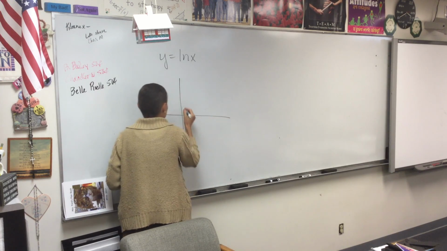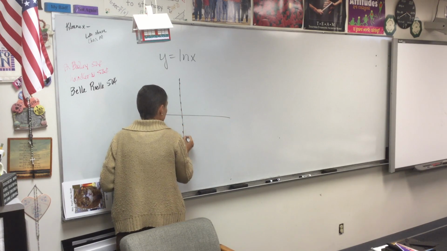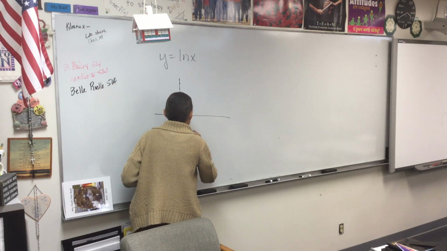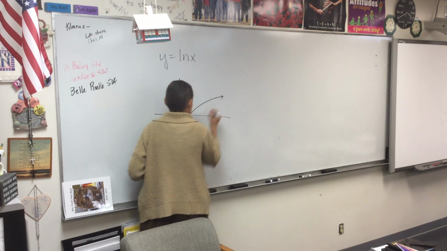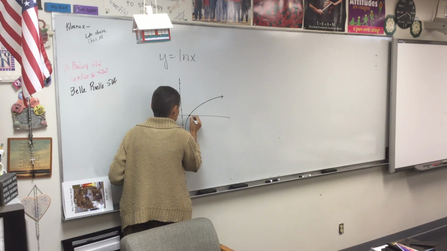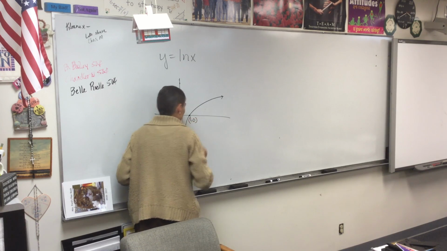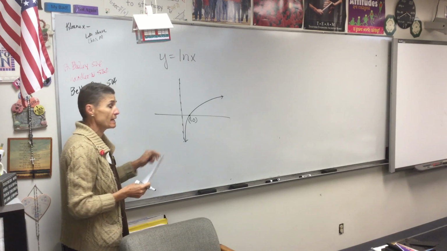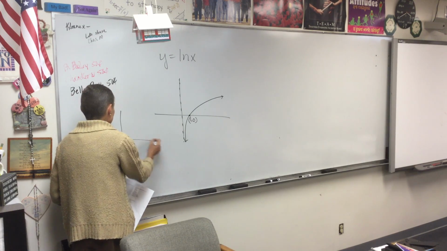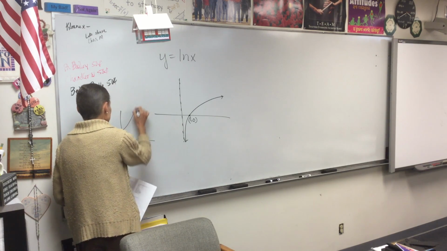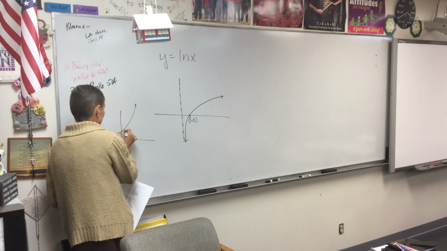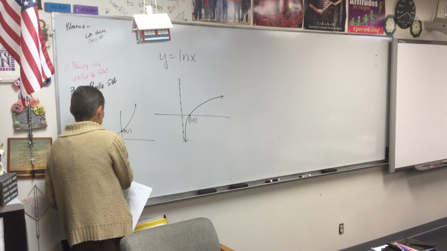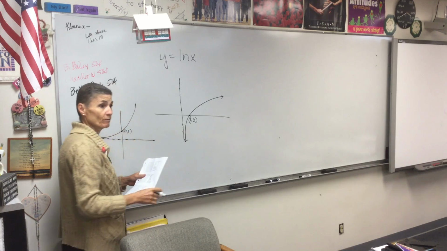And that curve has an asymptote here and looks like this. And this is the point 1, 0. It is very closely related to the exponential, which looks like this. Do you see how it's kind of the reverse?